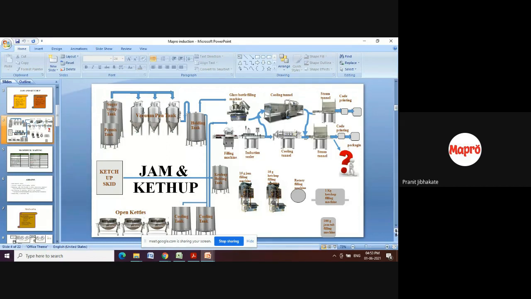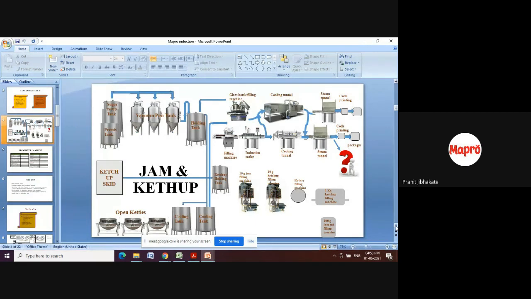There are two types of pectins: high methoxy pectin and low methoxy pectin. In high methoxy pectin, there are different types: ultra rapid set, medium rapid set, and slow set.